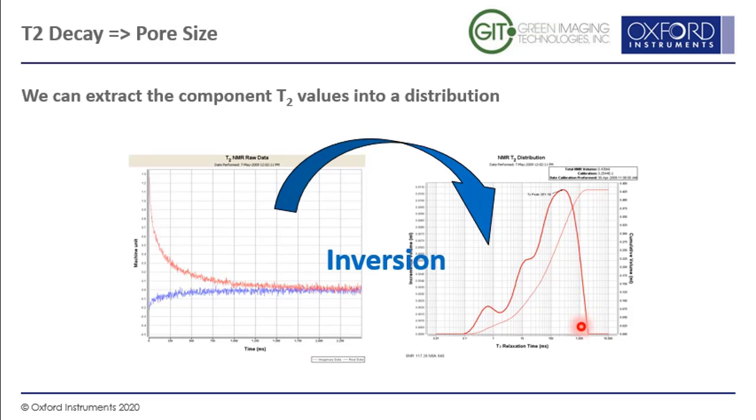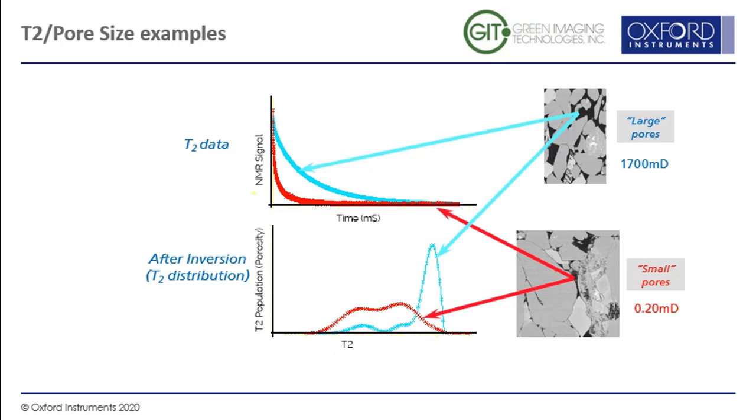Because we know that short T2s come from small pores and long T2s come from large pores, this T2 distribution is in effect a pore size distribution. In the example shown here, we can see that the sample is composed mainly of long T2s or large pores. Here is an illustration of how large and small pores appear in the raw NMR signal and after inversion.